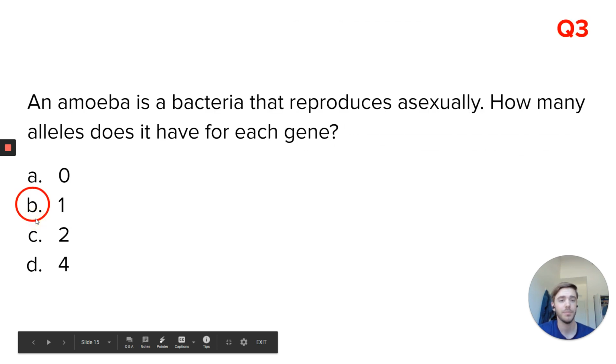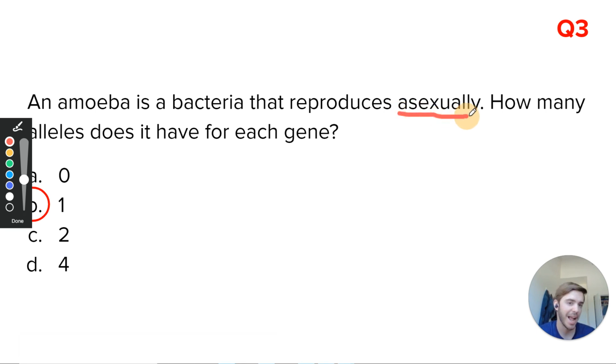Okay. Question number 3. An amoeba is a bacteria that reproduces asexually. How many alleles does it have for each gene? So if something produces, remember, asexually, what does that word mean? If it produces asexually, that means it only has 1 parent. This is hard to write with this marker.